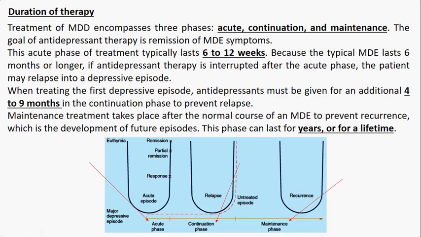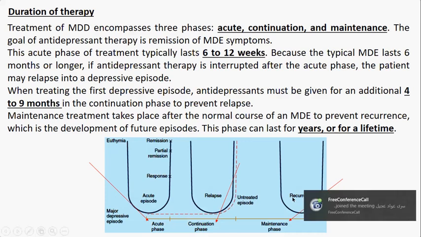So, when treating the first depressive episode, the antidepressant must be given for an additional 4 to 9 months, which we call the continuation phase. As we see in the figure, students, we have the acute phase and then we should continue, which is called the continuation phase.